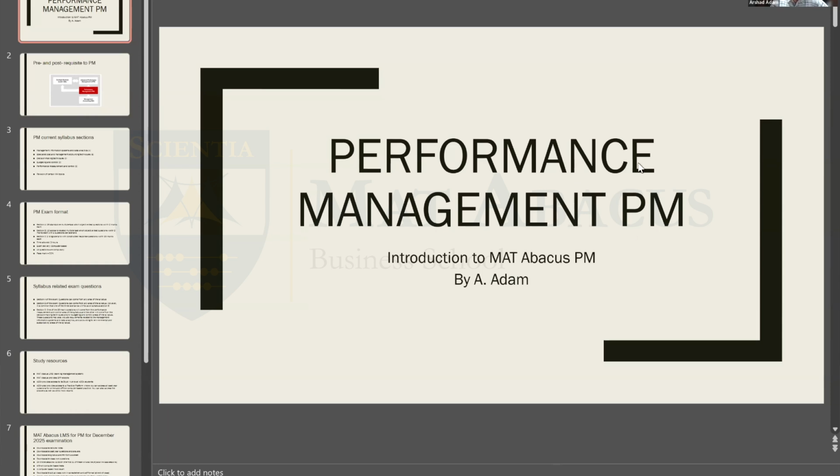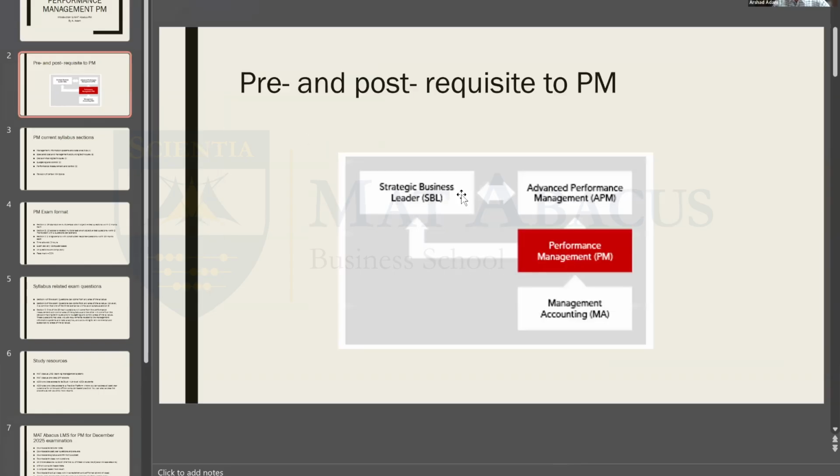So this performance management paper has been around for a long time. It's just that the syllabus has been changing for a while. When you come to this paper, the requisite knowledge is from an earlier ACCA paper known as management accounting.